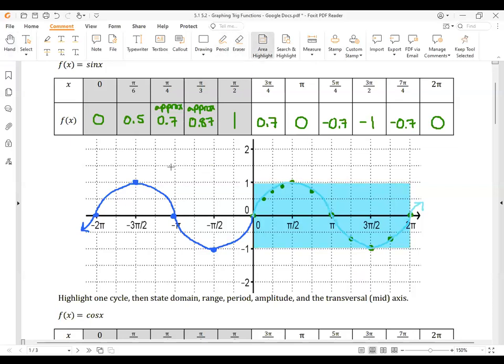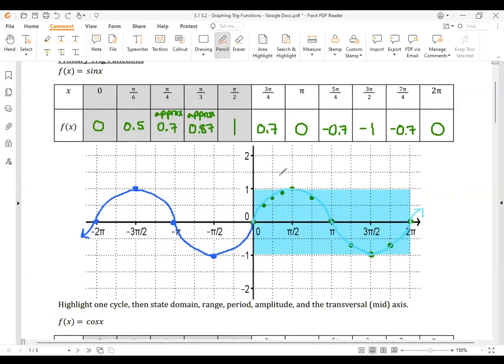Of course, you could do this if you wanted to. That's technically one cycle as well. But just by convention, I would like you to start from 0 to 2 pi, because that's where an untransformed sine function begins.